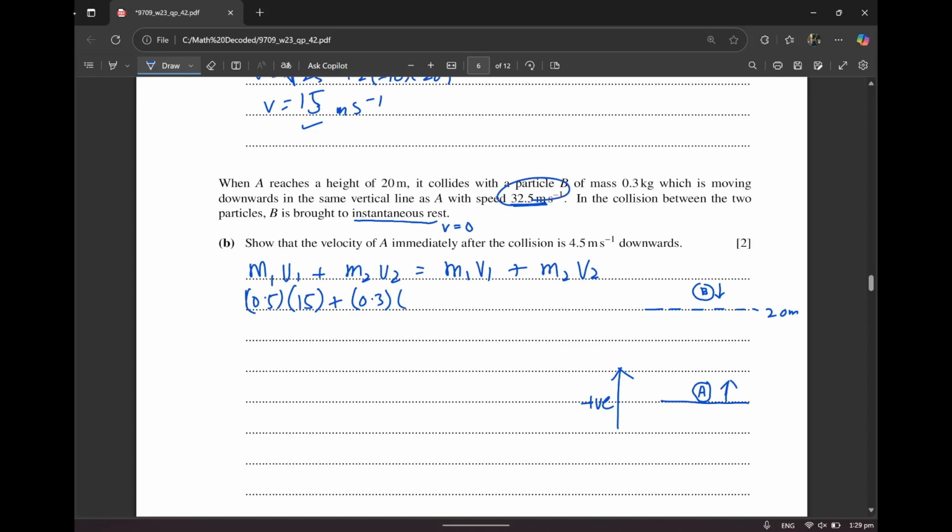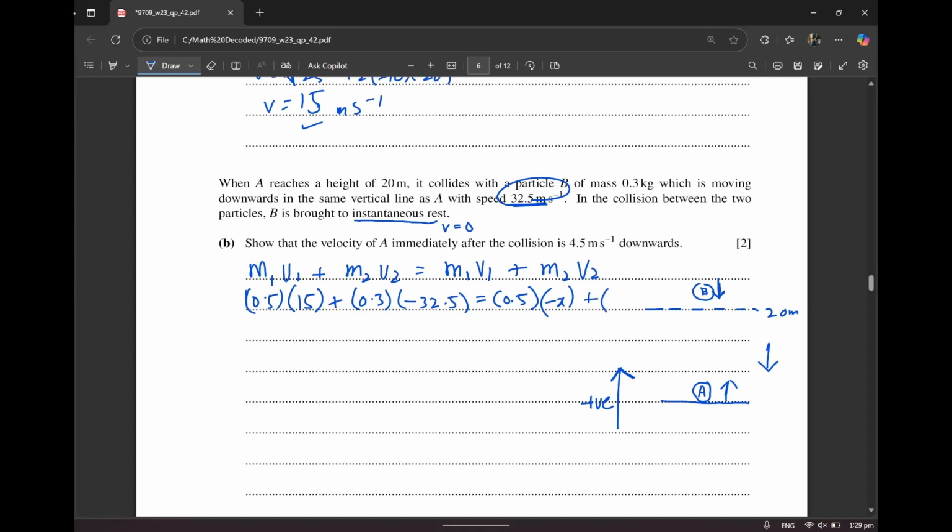Now remember, it is moving downwards, and the downwards velocity we have taken to be negative because we've taken upwards as positive. So I'm going to write negative 32.5. Then is equal to m1, that is 0.5 into v1. This is something we need to find actually. And we do know that after the collision, A will start moving downwards, so we'll take it as negative x, plus m2.